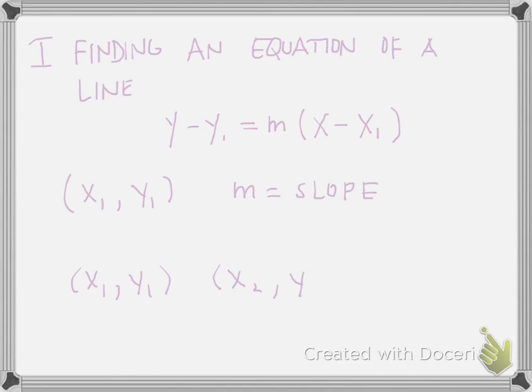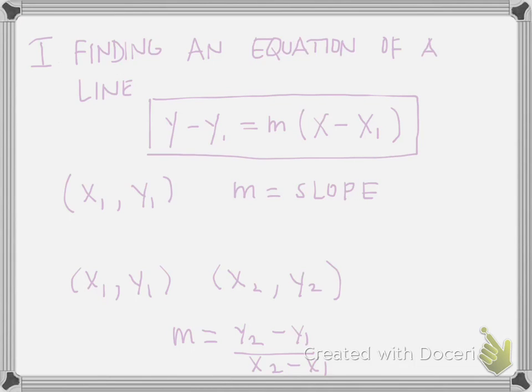If you've been given two ordered pairs, then the first thing that you need to do is find slope. So remember, it'll be y2 minus y1 all over x2 minus x1. Okay, so either way, you're going to use this point slope formula up here.